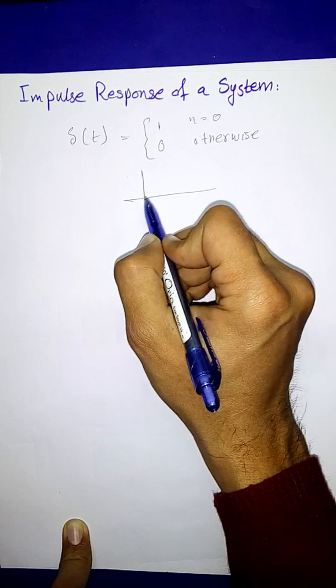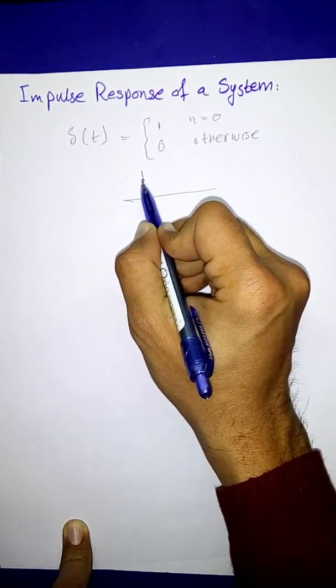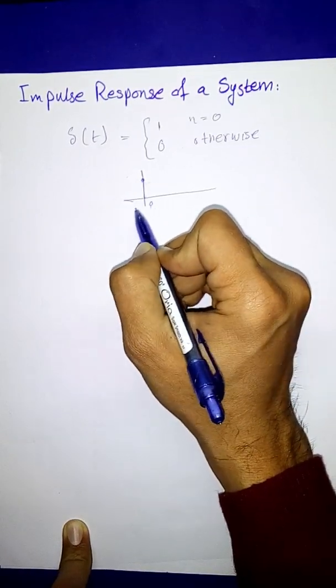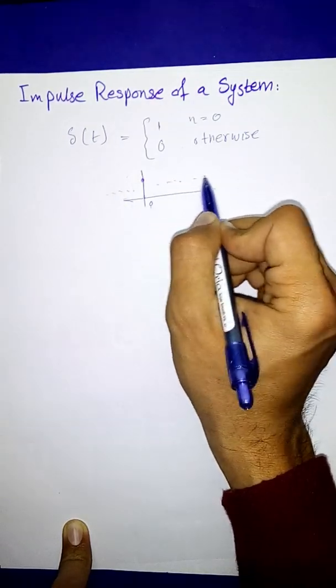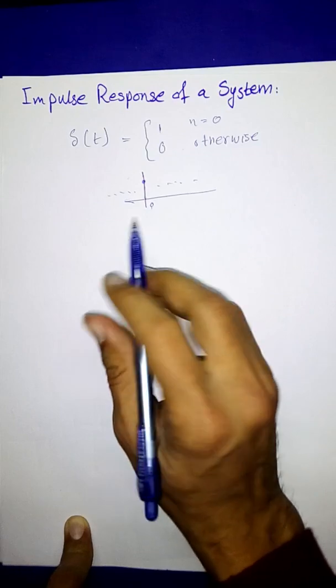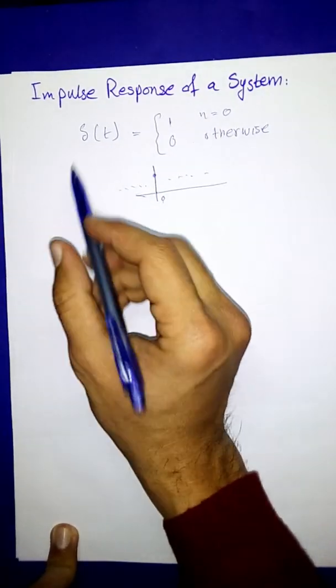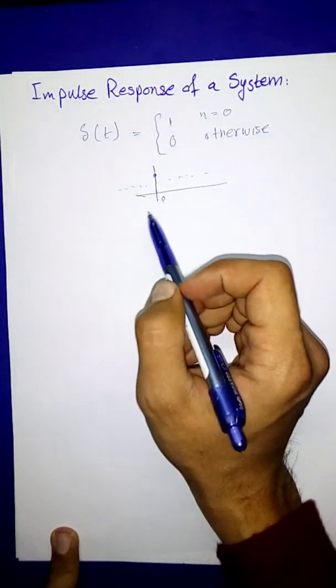This looks like this. It has 1 at the 0th position, and all the other places up to infinity are 0. So what is the impulse response of a system?